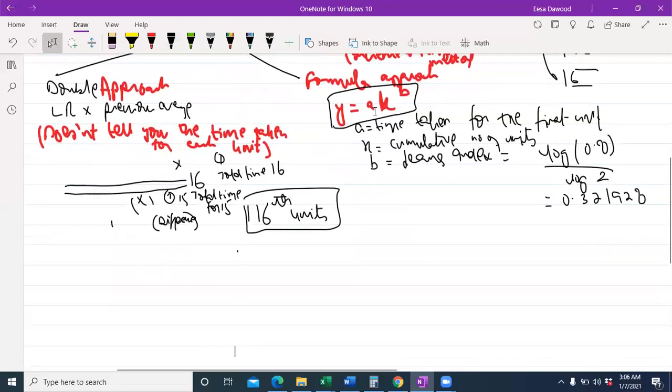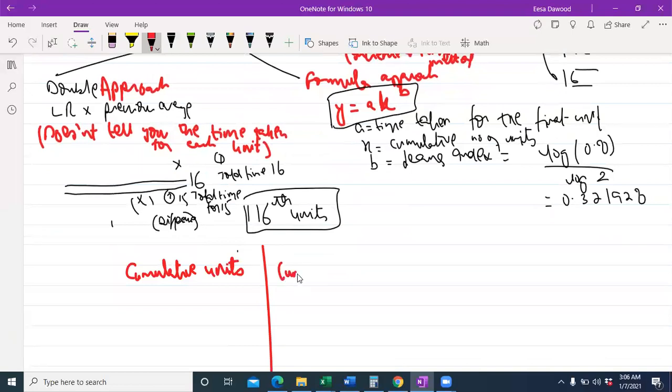With the help of this formula, I'll be needing two things. See, I'll do it in the form of a table. It becomes easy. So whenever you want to calculate the time for one particular unit, for example the 16th unit in this case, always make a table like this. The table will be the same as I told you earlier: cumulative units, then cumulative average time per unit.